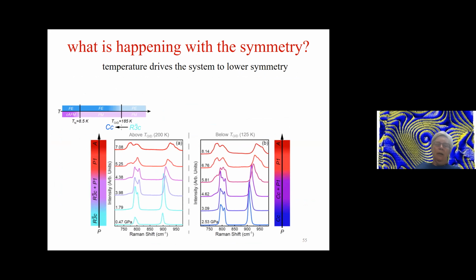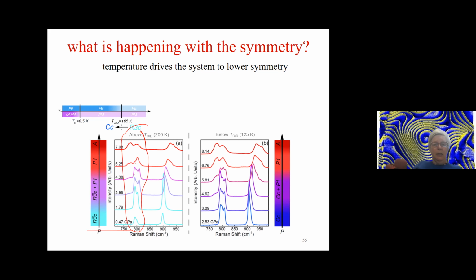So we carried out high pressure experiments above and below the ordering transition. And what we see is pretty interesting. I'll just have you focus on this formate bending mode right here. At high temperature, it's a doublet.